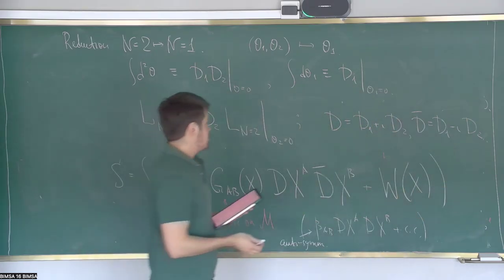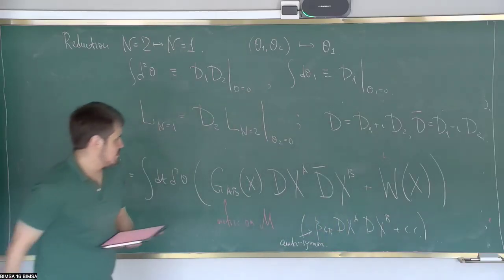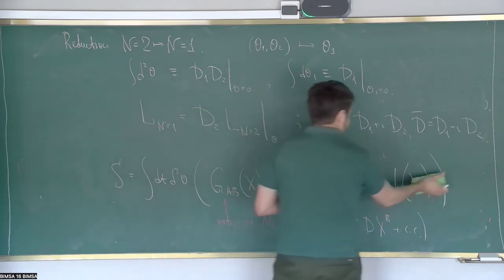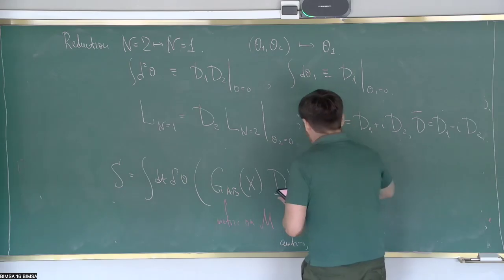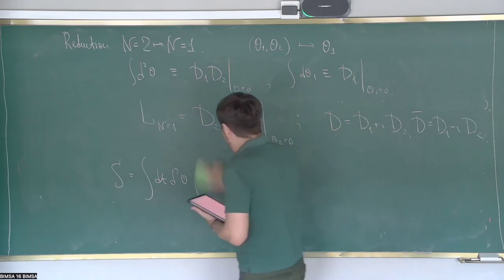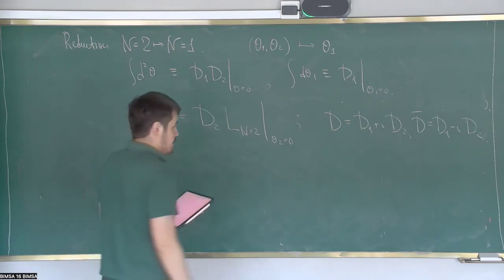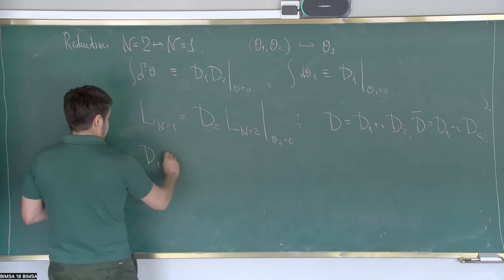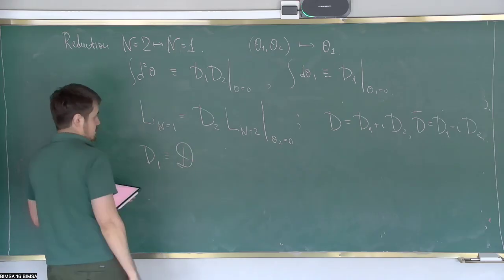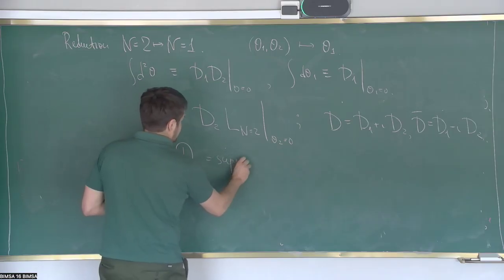So in n equals 1 superspace, d1 will be just the super derivative of n equals 1 superspace. So we want to get rid of d2, all right? So d1 will be just the derivative of n equals 1 superspace, and we will call it curly d, just the super derivative of n equals 1 superspace.